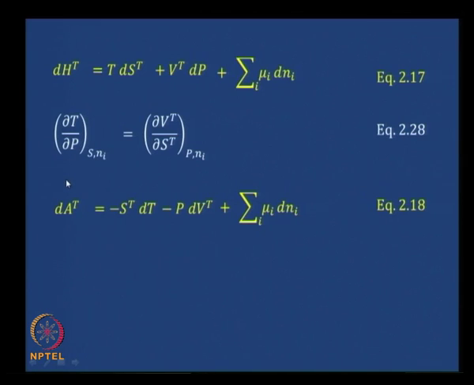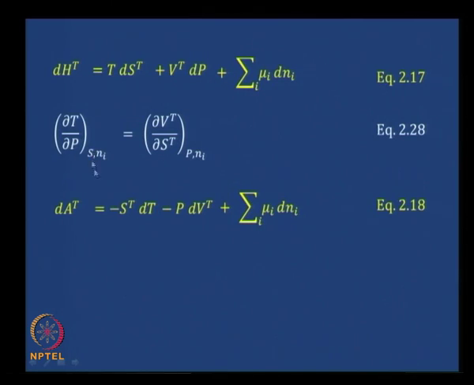Let us consider dAt now. We already have equation 218 as dAt equals minus St dT minus P dVt plus summation of mu i dni.